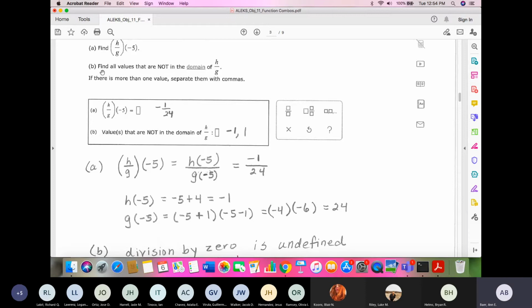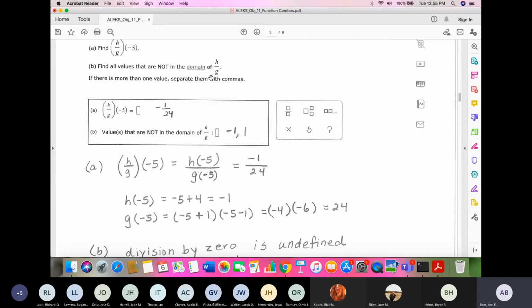Let's take a look at part B. Part B says find all values that are not in the domain of h divided by g. What do you think we need to watch out for? What can't the denominator be?